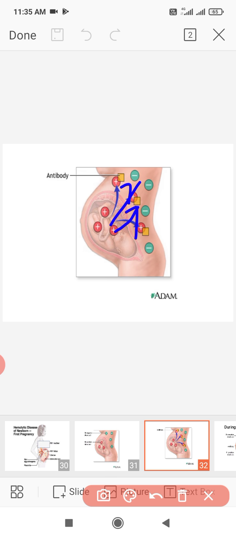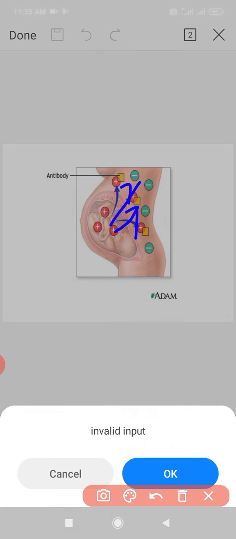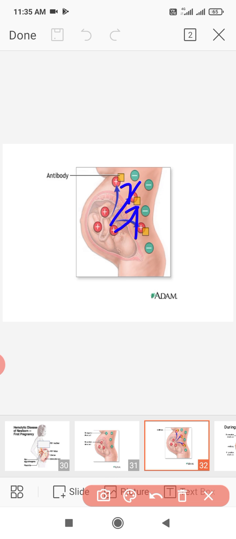That little bit of blood reacts with the mother's blood and antibody D is developed in the mother's body. But for the first time, there is no complication.